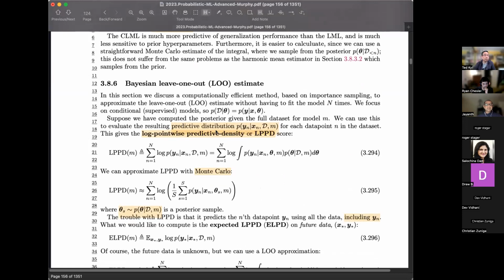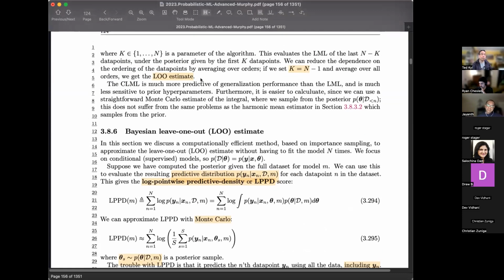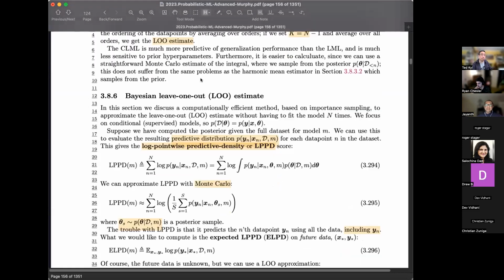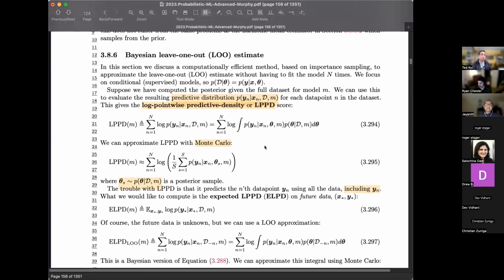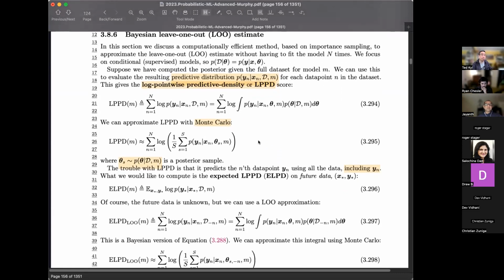So there is another setting for the leave one out estimate. This is the Bayesian way of doing it. What we saw earlier is fitting the Bayesian methodology to what people already do with leave one out. Here it is, well, if you wanted to start afresh, how would we do it?